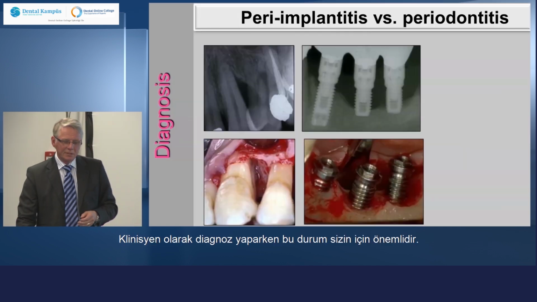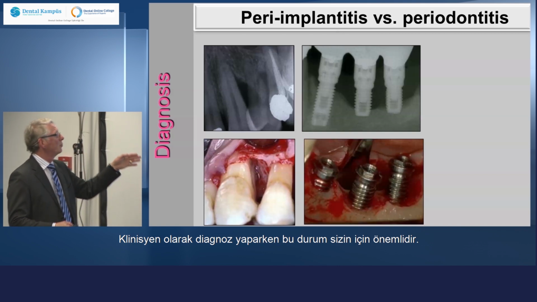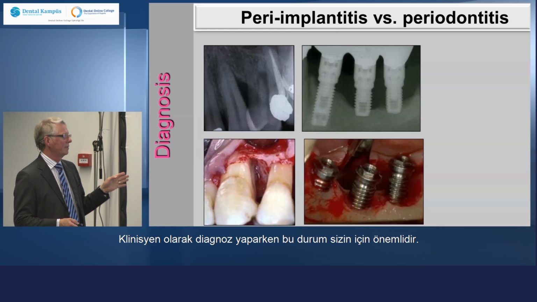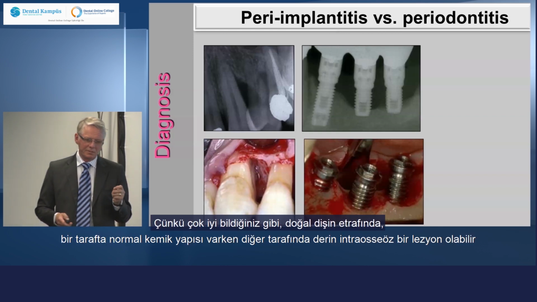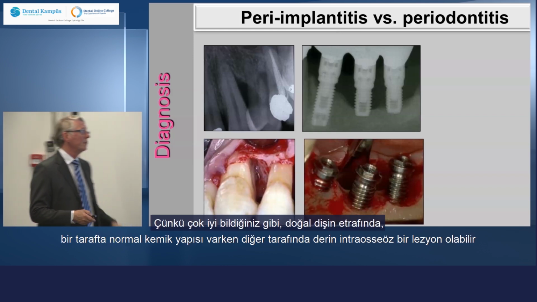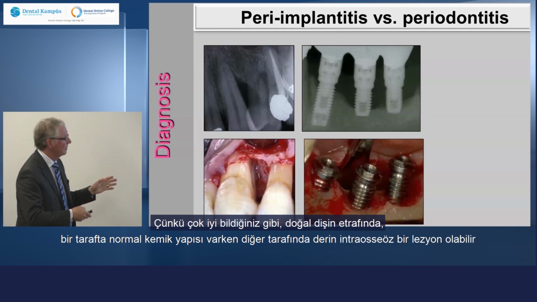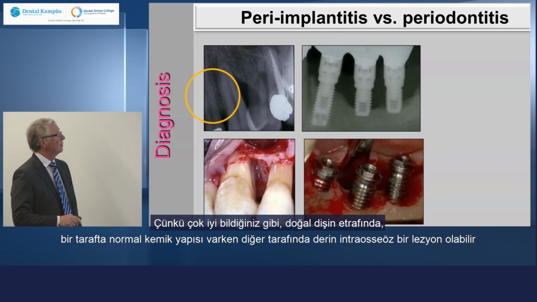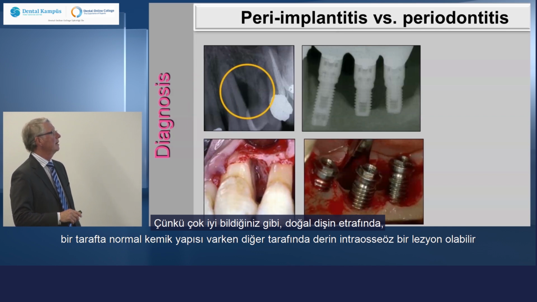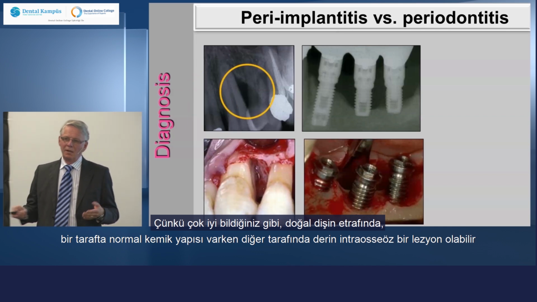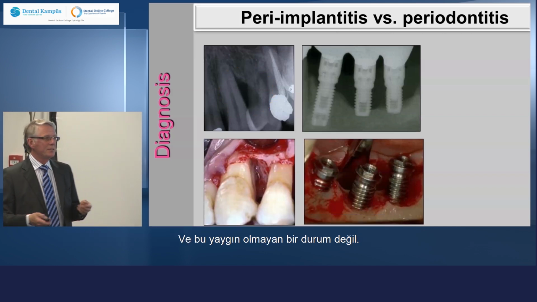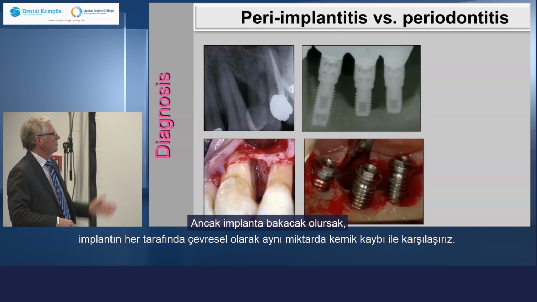For you as clinicians, this is important when we are going to do the diagnosis, because around a tooth, you know very well that you can have a normal bone level on one side, and on the other side a deep intraosseous lesion. And this is not uncommon at all.